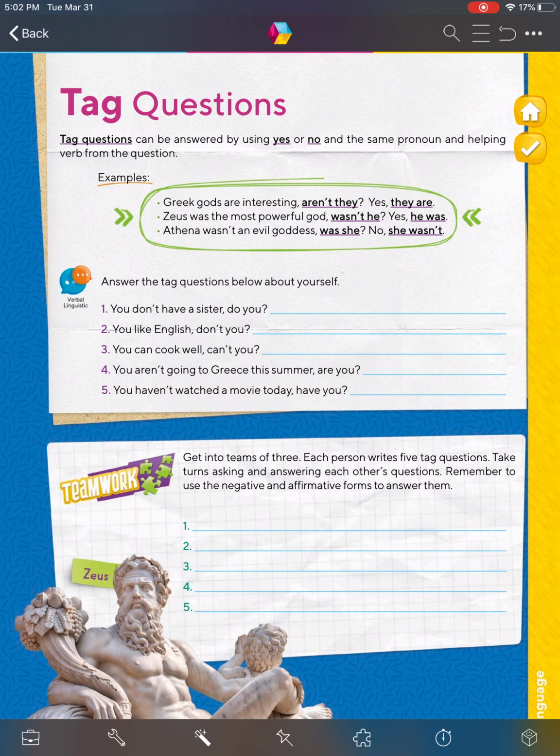Tag questions can be answered by using yes or no and the same pronoun and helping verb from the question. For example, Greek gods are interesting, aren't they? And you answer, yes, they are. Zeus was the most powerful god, wasn't he? Yes, he was.